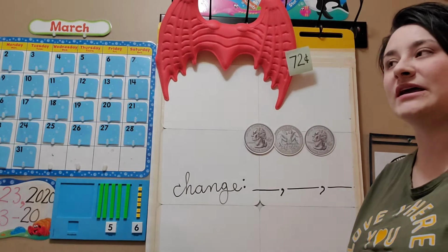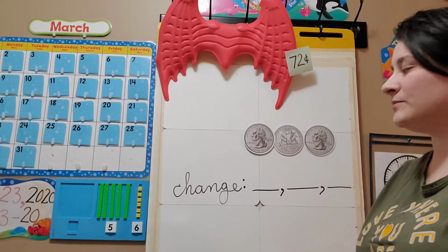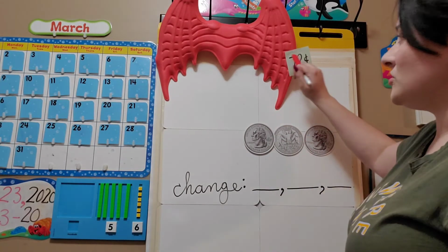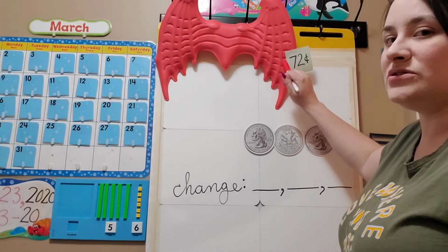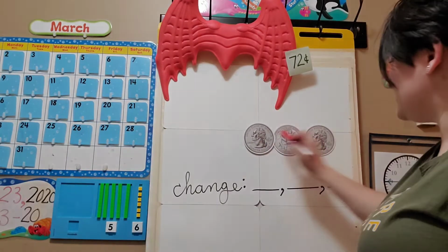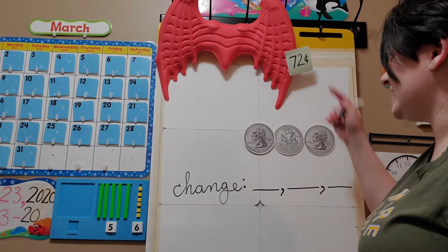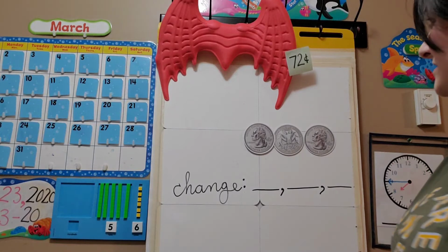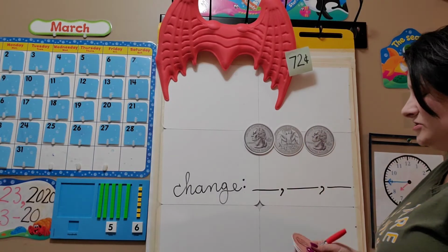We just got done doing this in math. So we need to start at our lesser amount, 72, and count up to 75 because I paid with 75 cents. What 3 coins could count up to 75 from 72?